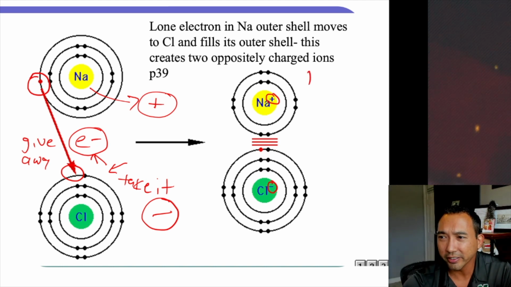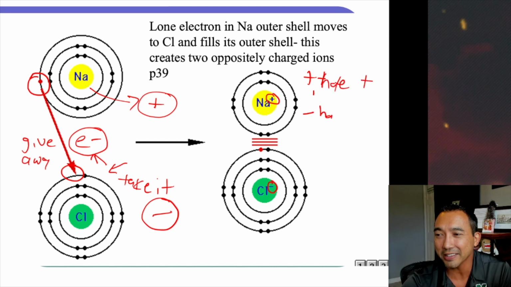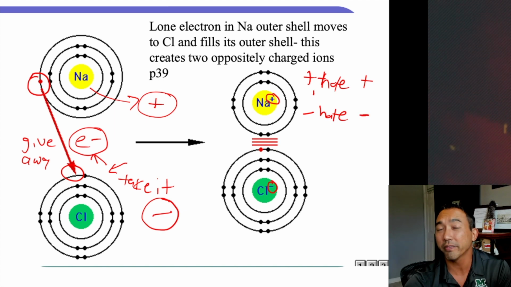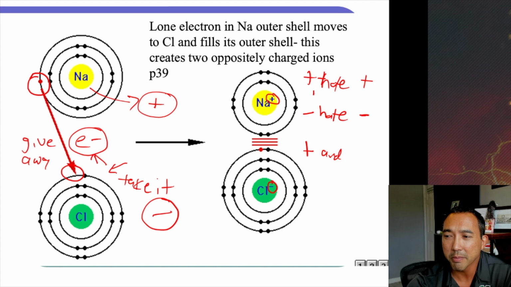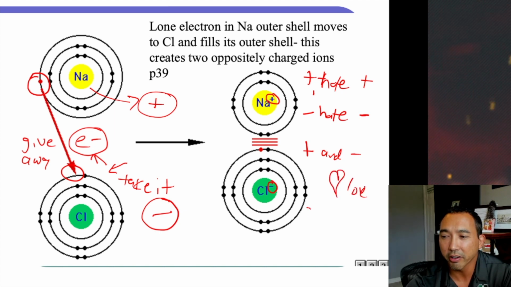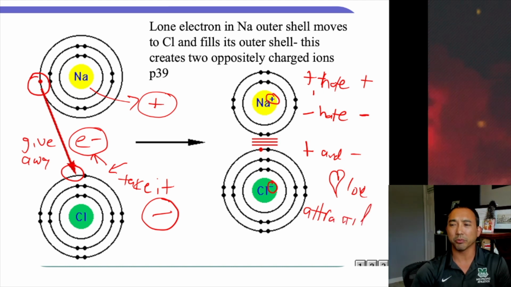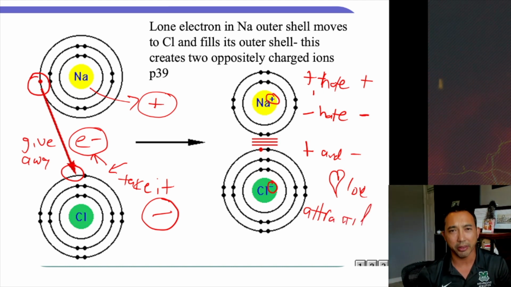Pluses hate other pluses. Minuses hate other minuses. However, if you ever find a plus and a minus, they love each other. They are attracted. In fact, this is how magnets work, and they'll be pulled together.